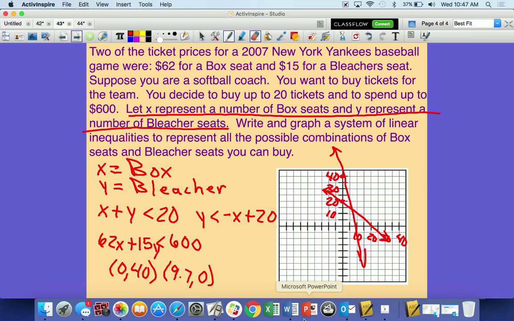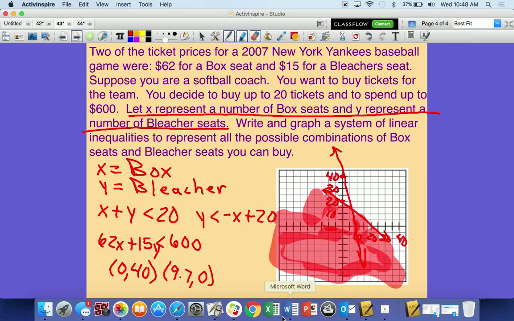Now we've got to figure out where's the overlapped region. Once again 0, 0 isn't on either one of the lines. So if we plug that in here, 0 plus 0, 0 is less than 20. Yep, that works. So then shade that in, that's going to be below that line. And then for our other one, 0 plus 0 is less than 600.